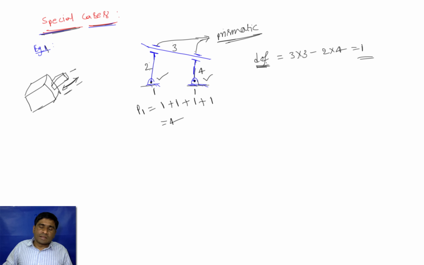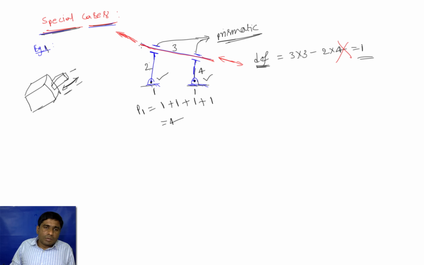So this is equivalent to the 4 bar mechanism. But here this is wrong. Why? Because of the link that we have on this prismatic bar, which can translate in this direction. If we move or translate this link in this direction, still if you observe, this whole structure is not at all affected.